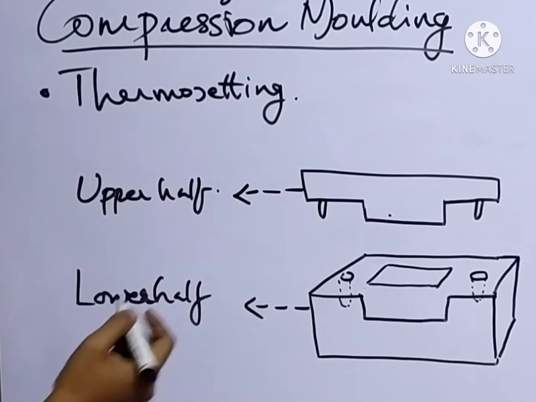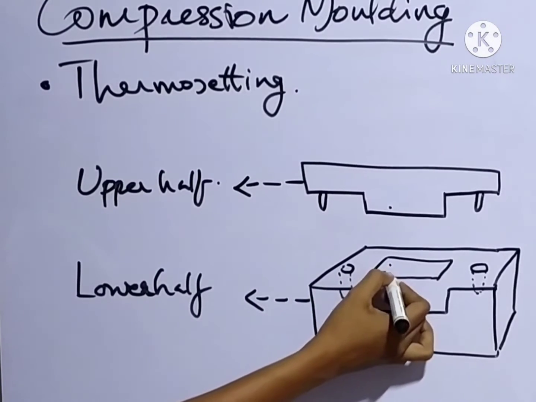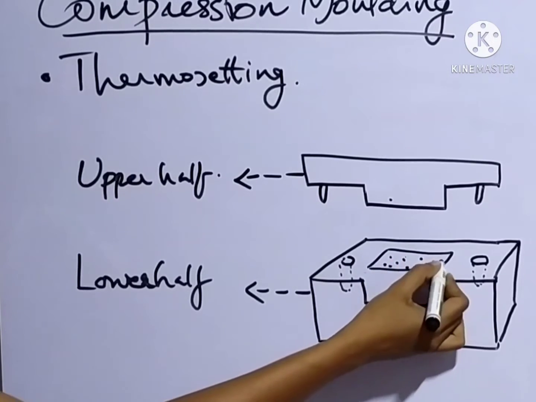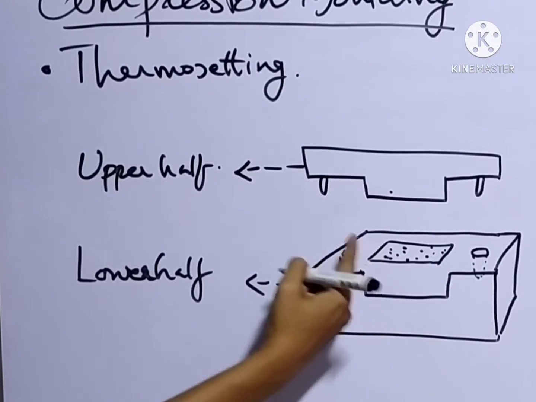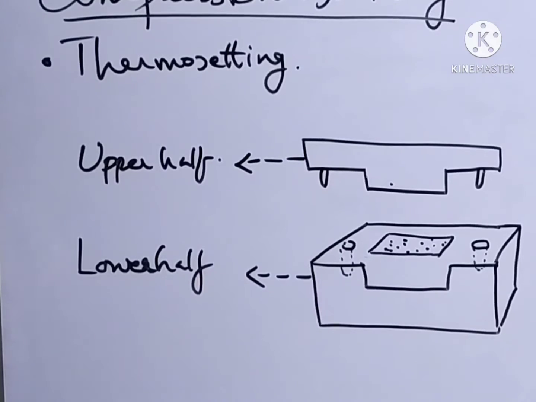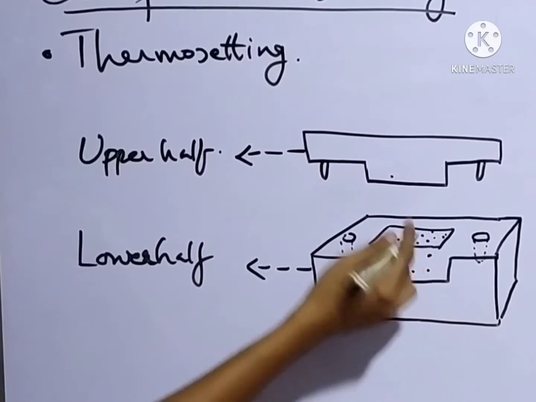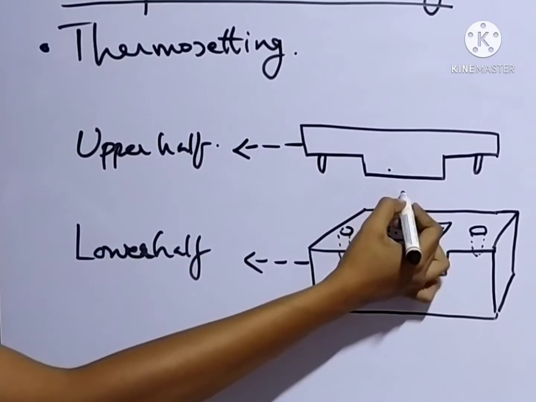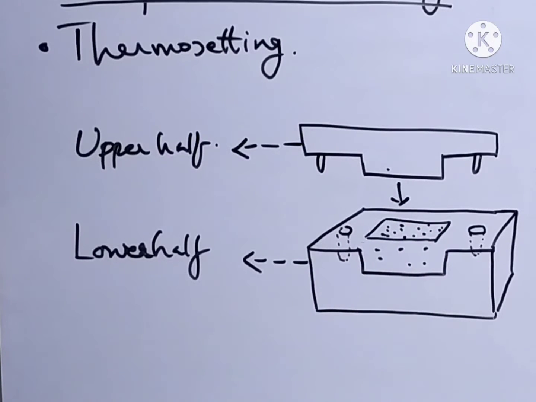The polymer is usually filled in the cavity. Then after filling polymer into the cavity of the lower part, the upper half is pressed over the lower half.